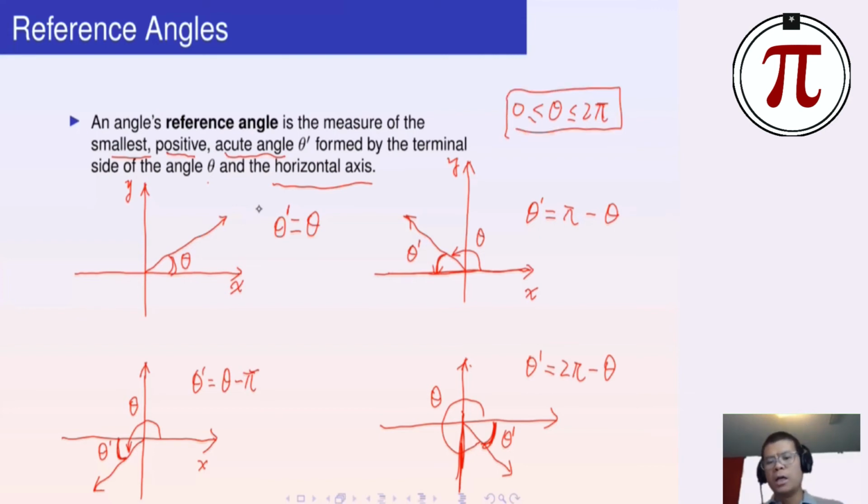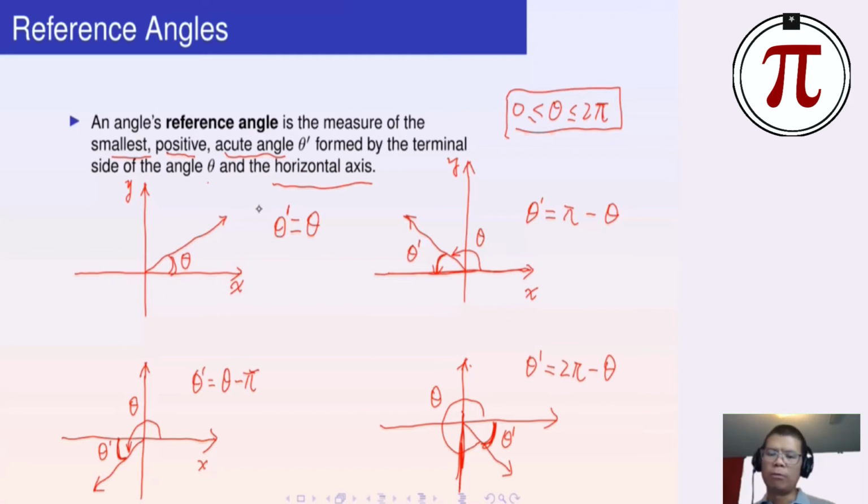Now for other thetas, you have to find the coterminal angle within the range from 0 to 2 pi, and then based on these different situations, find the corresponding reference angle.